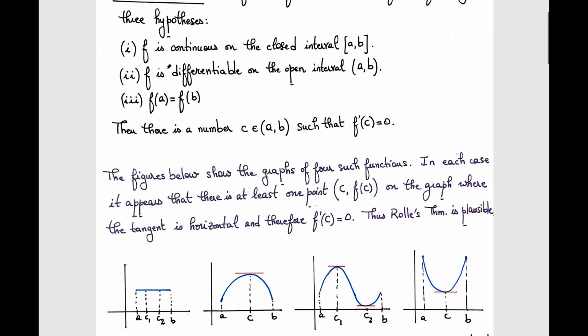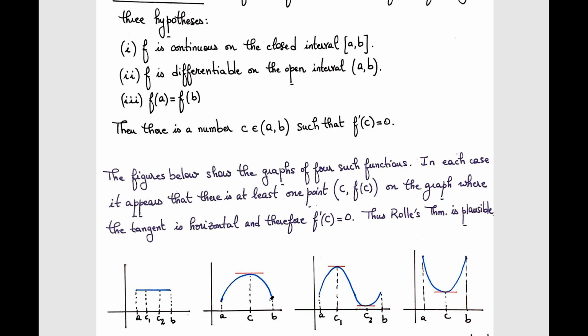Obviously, a constant function verifies all three conditions, and you can see that at any point between a and b, let's say at this point c1, the derivative is 0. So at any number between a and b in this context, the derivative of the function at this number is going to be 0.